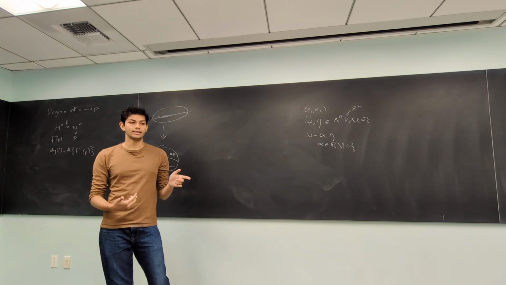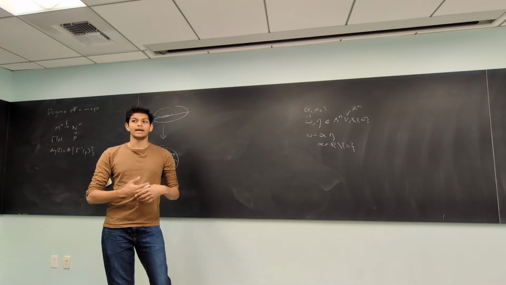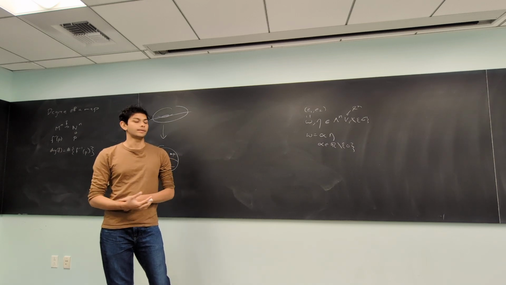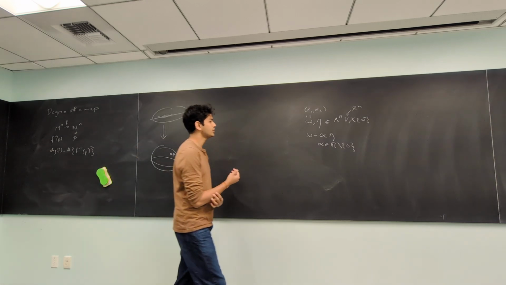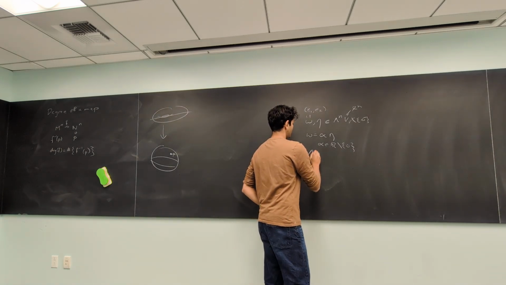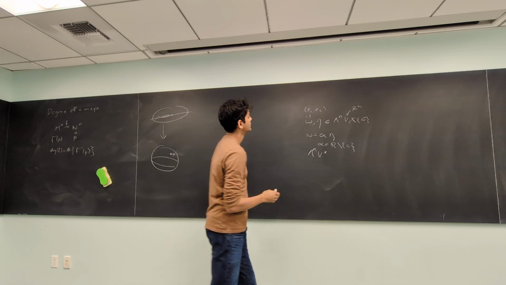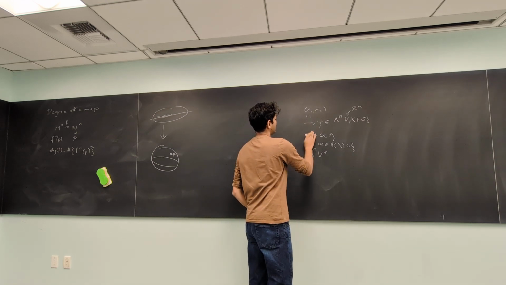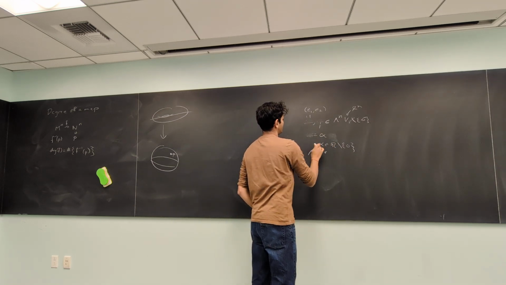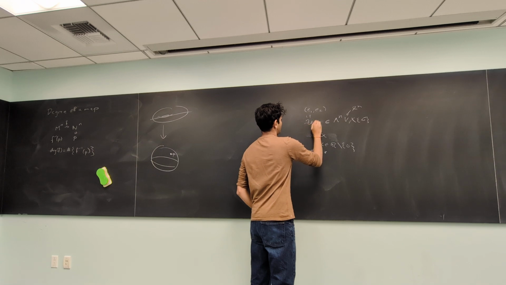So you can't say positive or negative orientation without some reference. But another way of describing orientation is to look at V dual, where we shouldn't call this omega and eta. We call this U and V.